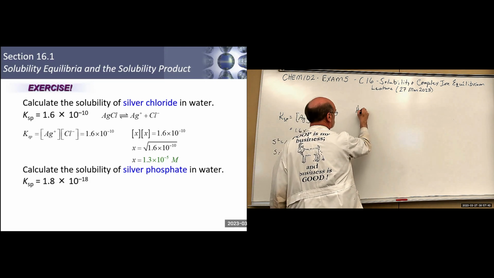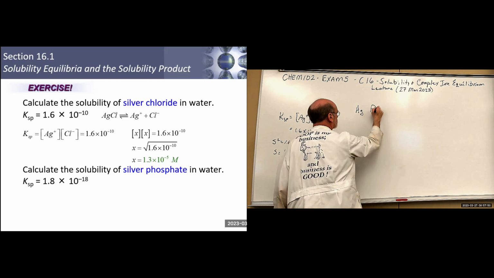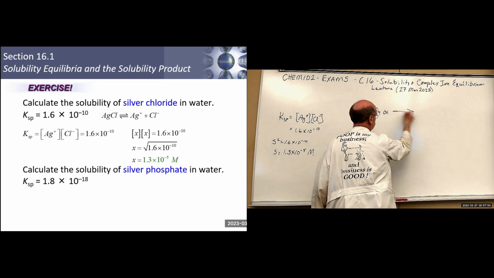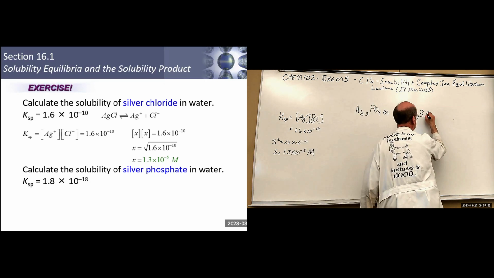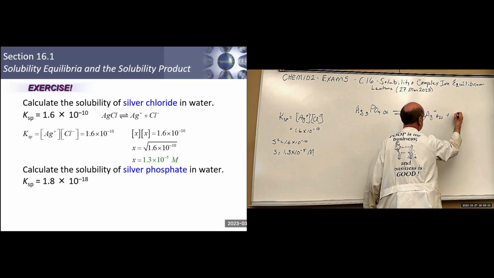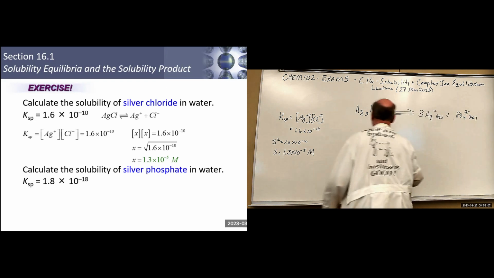So we have silver phosphate, 3 silvers and 1 phosphate, oops, 3 minus.